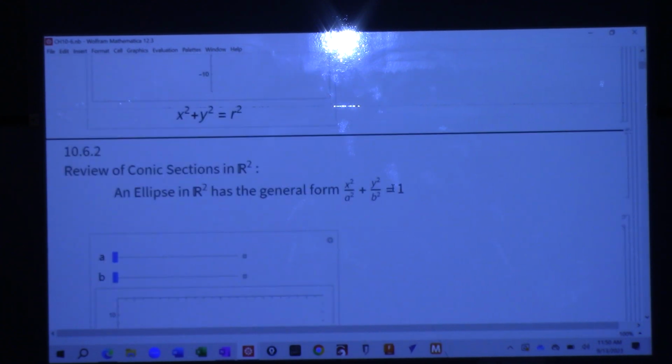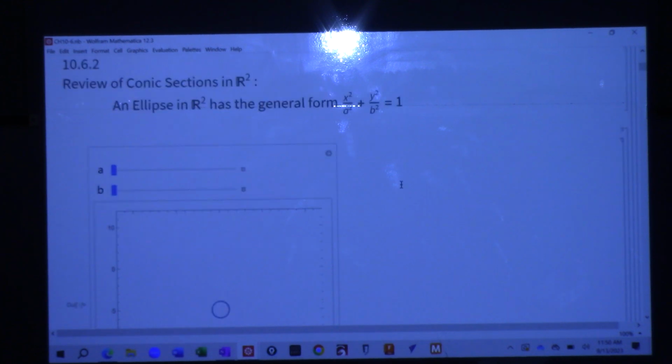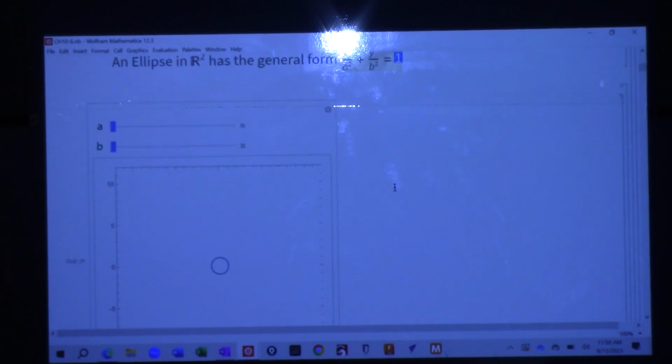Wonderful. Still in two-dimensional space, if instead we have that variable squared, and we divide it by a number, and we add to it the other variable squared, divide that by a different number, and set that equal to 1, then we don't have a circle anymore. We have an ellipse. Ellipses look like this.